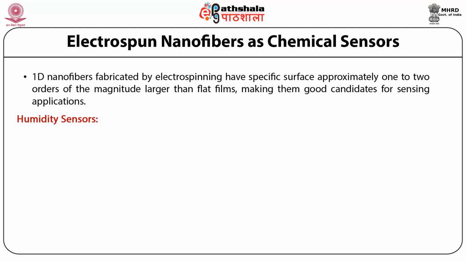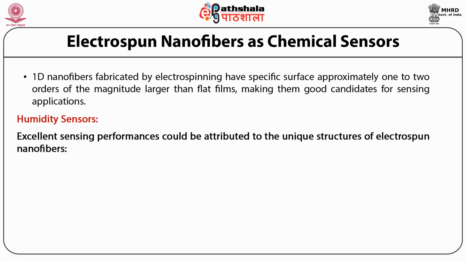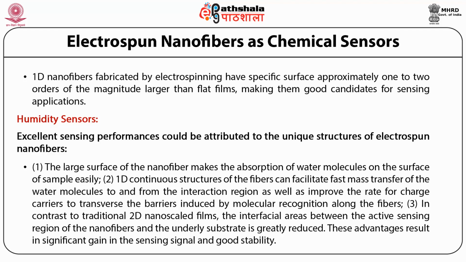Till now, many humidity sensors based on nanostructure materials have been successfully obtained for the large surface area of nanoscale structure. Excellent sensing performance could be attributed to the unique structure of electrospun nanofibers. For example, the large surface of the nanofibers makes the absorption of the water molecule on the surface easy.